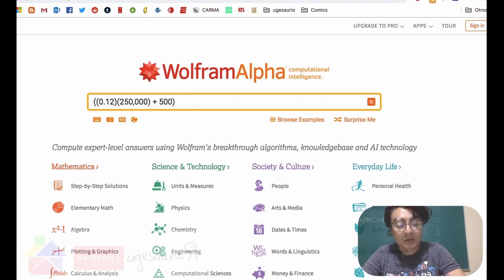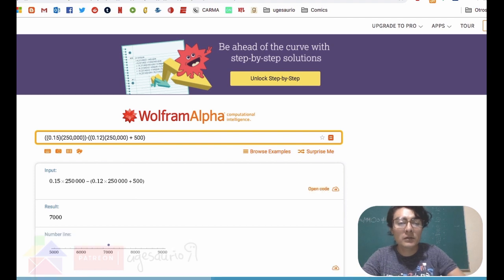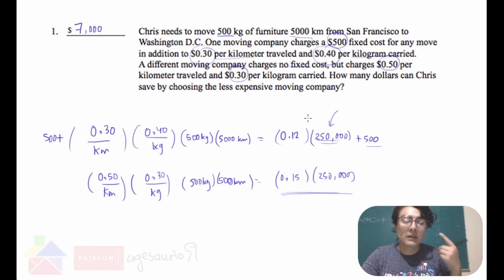I wanna find out the difference between this and 15 cents times the same 250,000. It's basically the same instructions you would give your calculator, and here it is. So Chris would save $7,000 by choosing the less expensive company, which happens to be the first one.